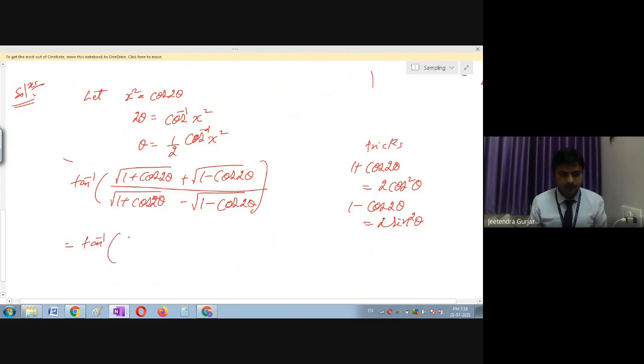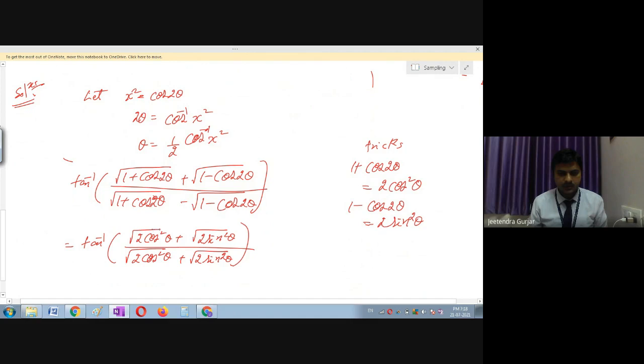Just substitute here. So you can see here square root and square will get cancelled. Immediately you can easily write here: square root of 2 cos square theta plus square root of 2 sin square theta divided by square root of 2 cos square theta minus square root of 2 sin square theta.